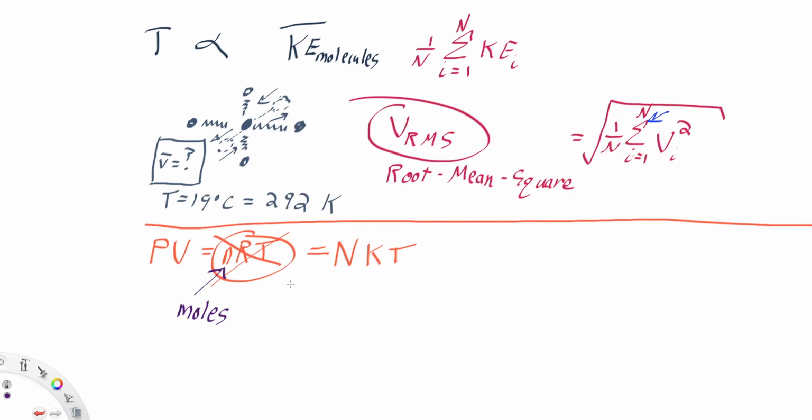Physicists are usually looking at a smaller number of things, and so we think directly in number of particles. I say particles because they're not necessarily atoms. It could be molecules.